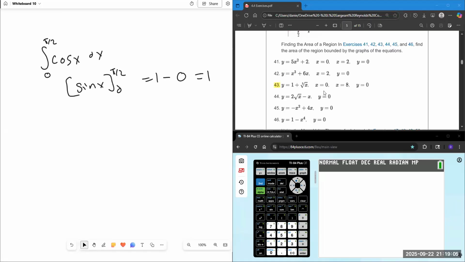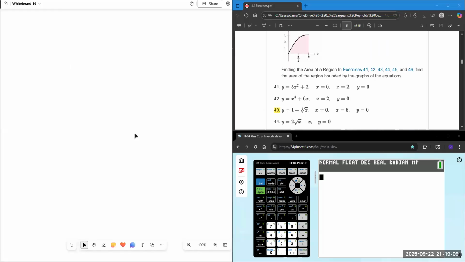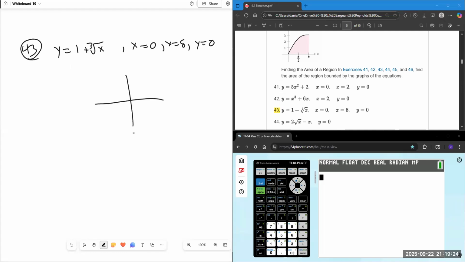Let's look now at 43. Y equals 1 plus cube root of x, x equals 0 to x equals 8, y equals 0. Sketch the region for myself.